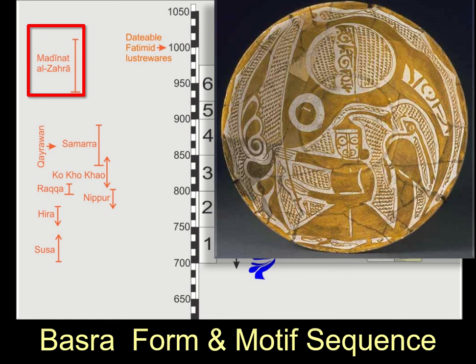And then we have the later material here, which we basically consider to be 10th century, but dating before they started making lusterwares in Egypt under the Fatimid dynasty, which is about here. And we have a number of lines of dating evidence for that, which I'll talk about, because I'm going to talk about Fatimid lusterwares as well in a later lecture.